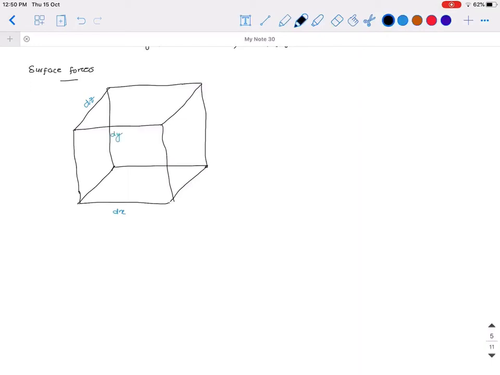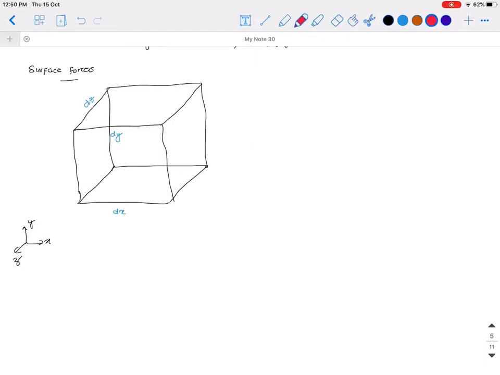Okay, the coordinate axes are x, y and z. Okay, so you know that surface forces are short range forces, which means that only those that come in contact with that surface will give rise to the surface forces.